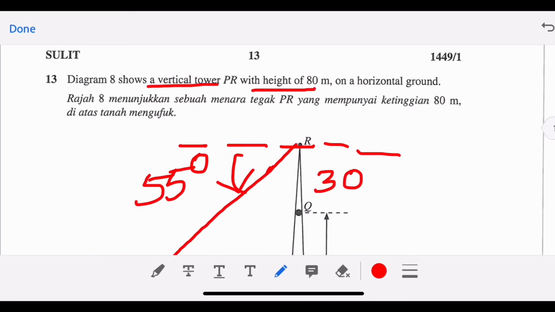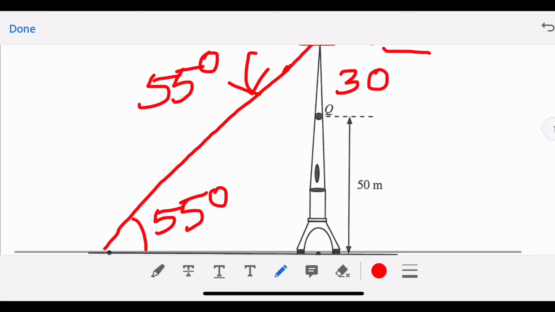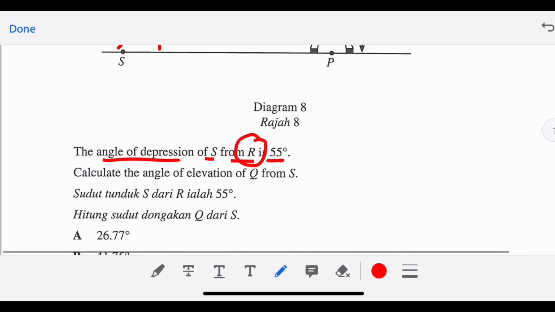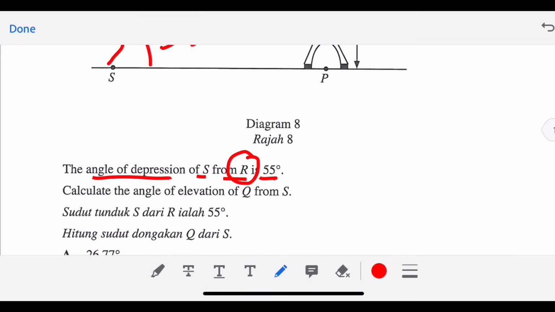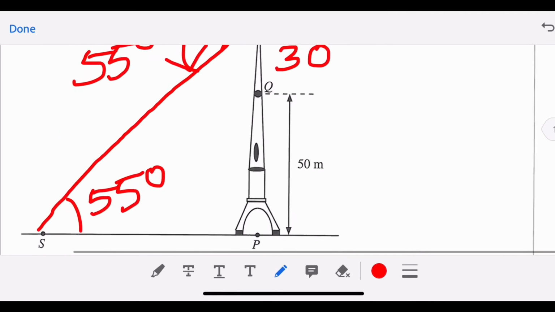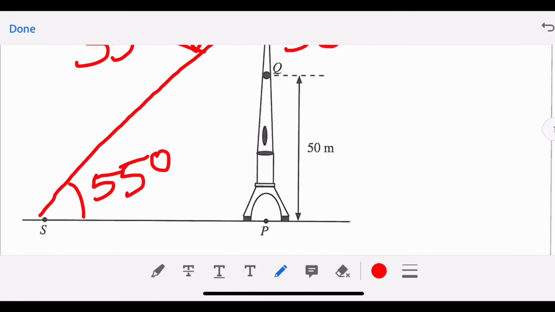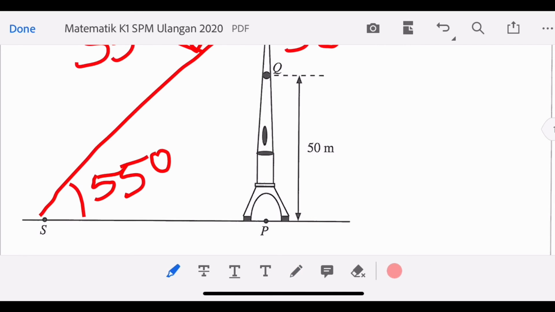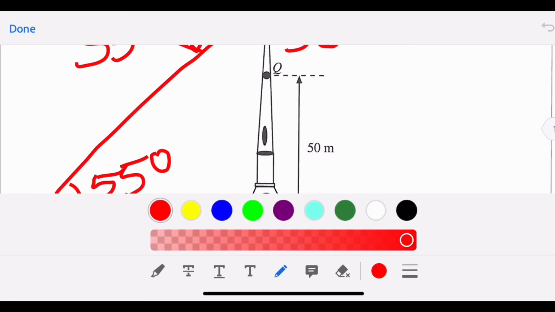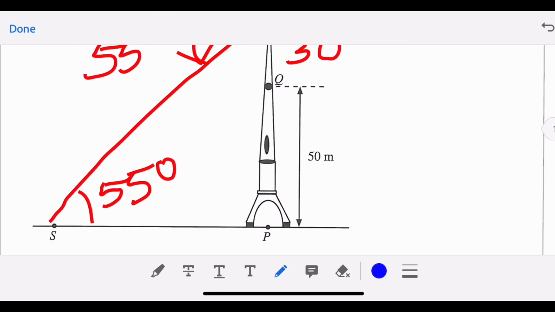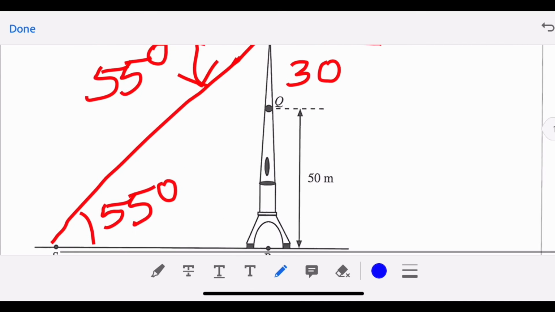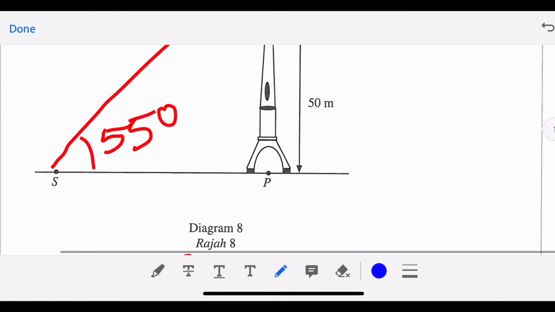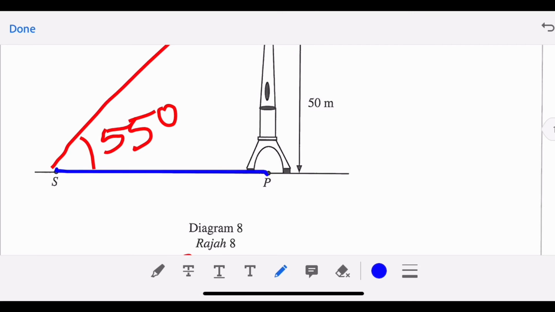So the balance of the height should be 30, and then we can find the other length, which is PS, right? With PS, only then can we find the angle of elevation. Okay, so let's see how we work out PS.